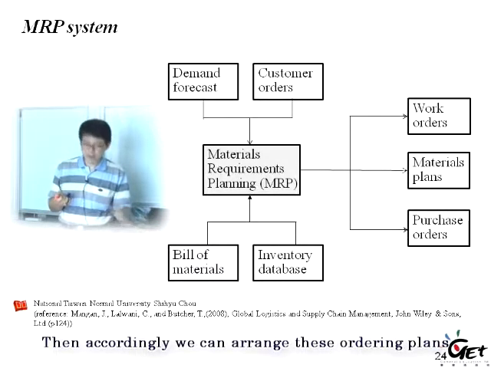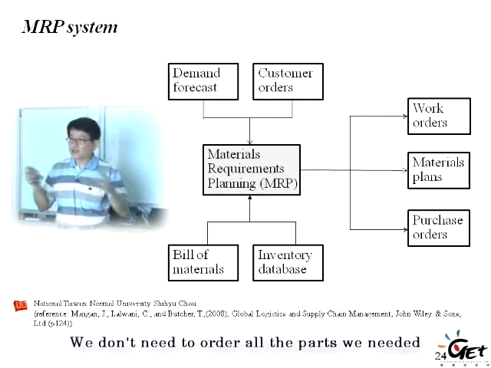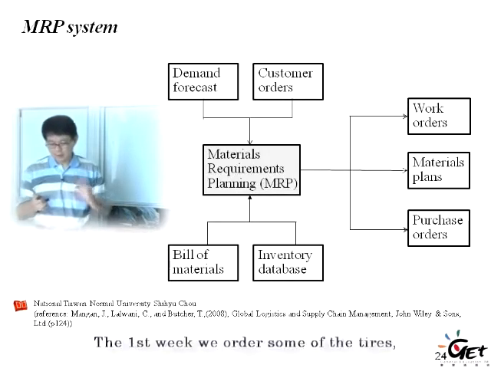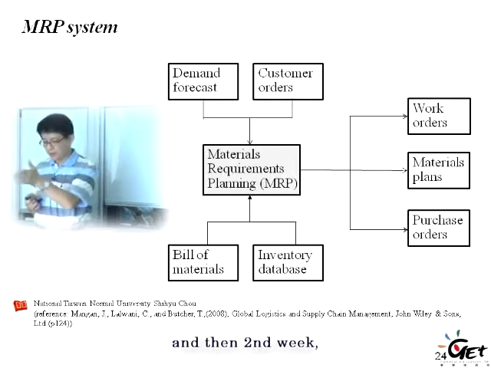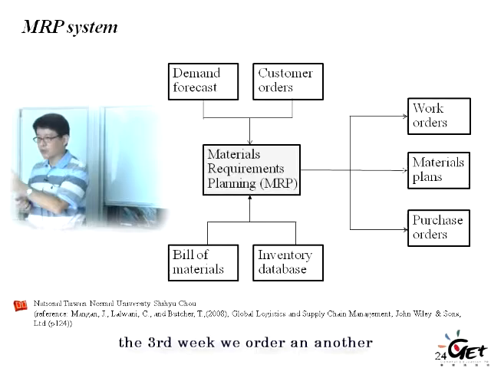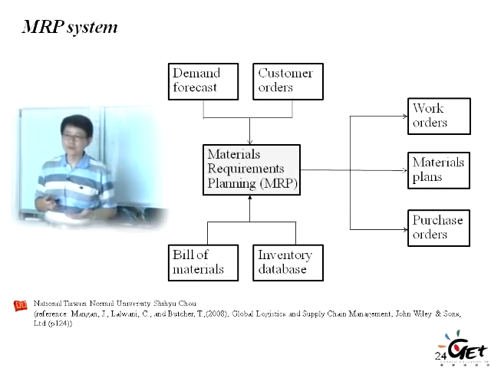Then accordingly we can arrange these ordering plans. We don't need to order all the parts in the beginning. We just say the first week we order some of the tires, and then maybe the second or third week we order another batch of tires.